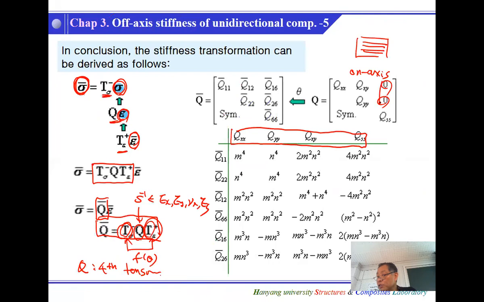This is the coupling term. For example, epsilon x, epsilon y and epsilon s, and here sigma x, sigma y and sigma s, equal to Q times epsilon. So epsilon s multiplies here, and we don't have any coupling term. In other words, when we apply this, there is no shear term, right?